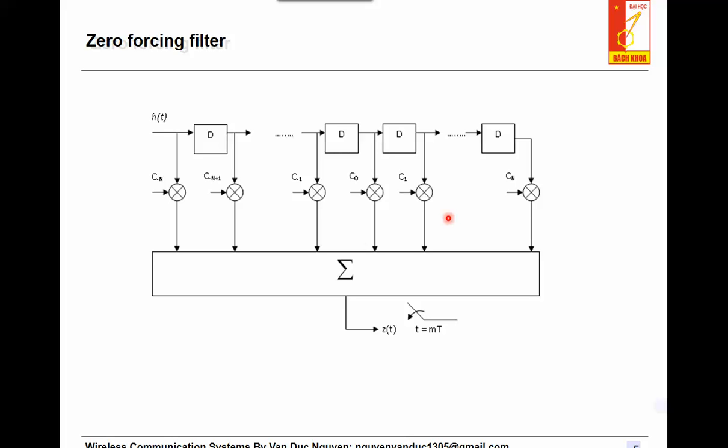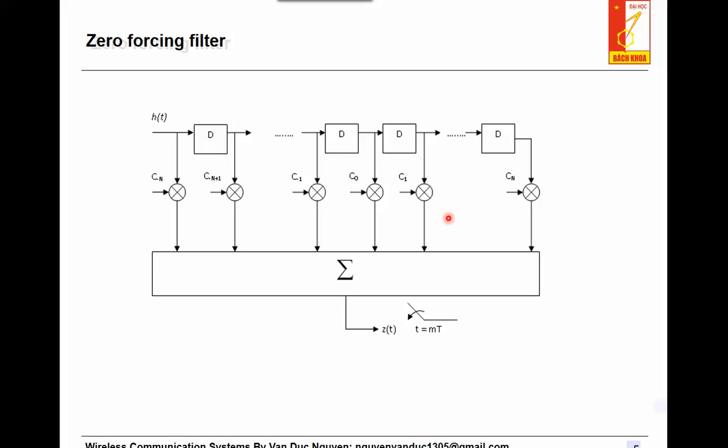In the signal processing background, we know about these two important filter structures. In the finite impulse response filter, there is no recursive feedback.